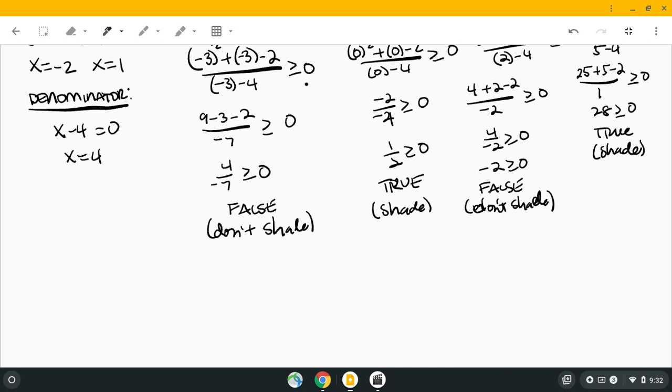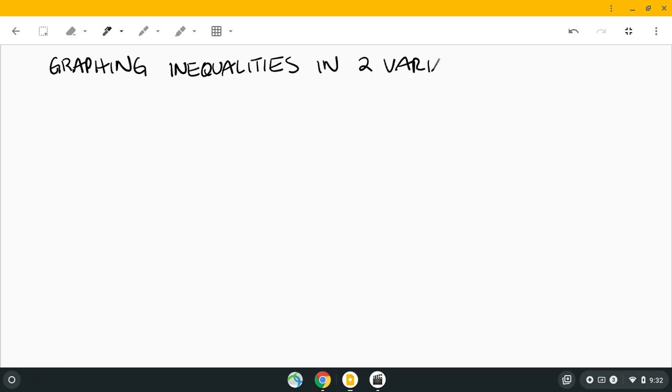Okay. All right. There's one more thing here that we need to cover, and that's graphing a parabola inequality. Okay. So graphing inequalities in two variables.